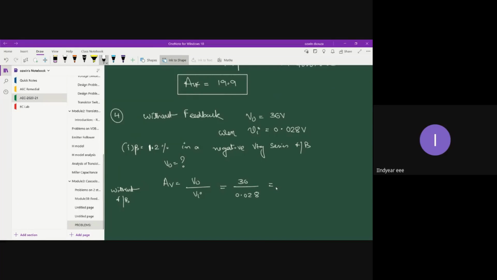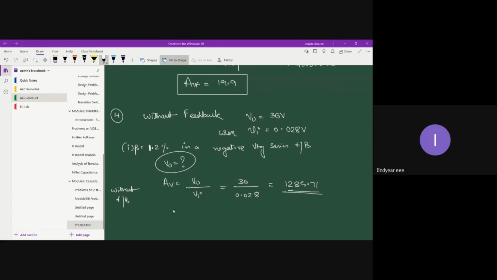So what is the no load gain of the amplifier? 36 divided by 0.028, that is 1285.71. You need to determine V naught if a feedback value of 1.2% is established.